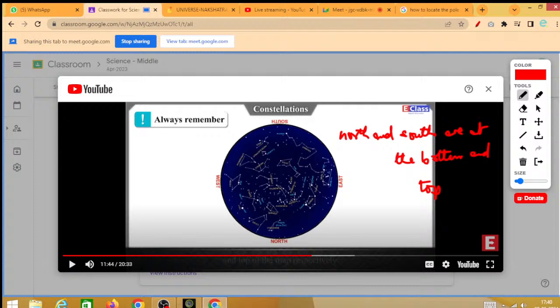It means the first one will be taken for this, the second one for this. The sequence in which we have written north and south, and bottom and top, first with first, second with second. That is what respectively means.